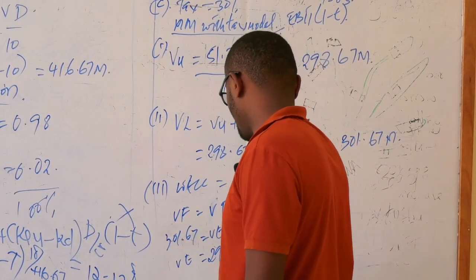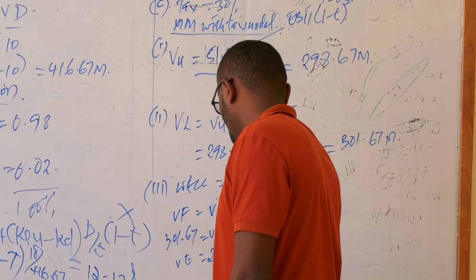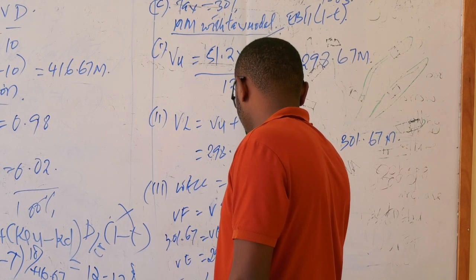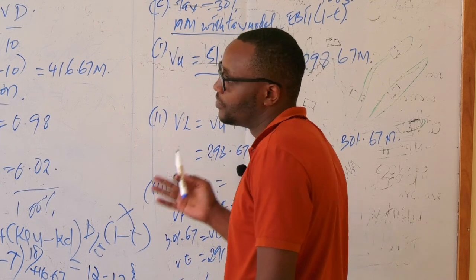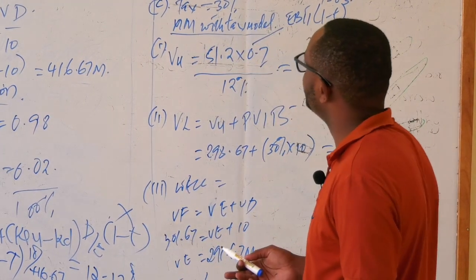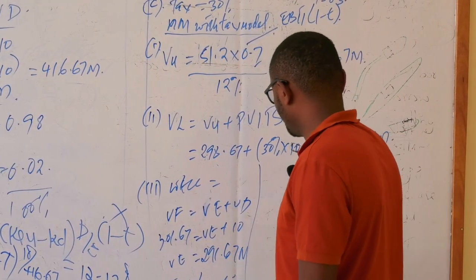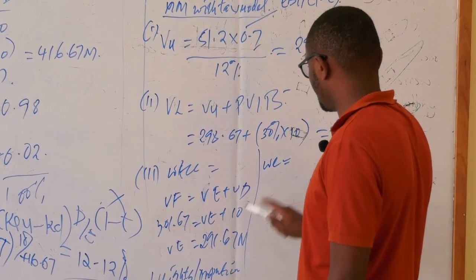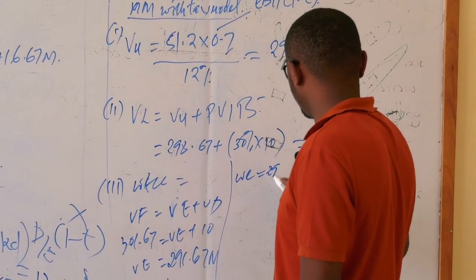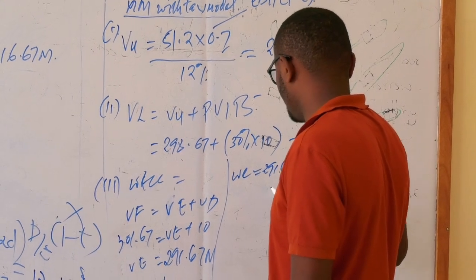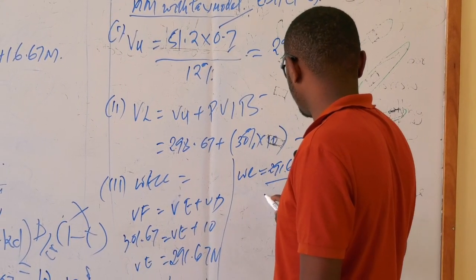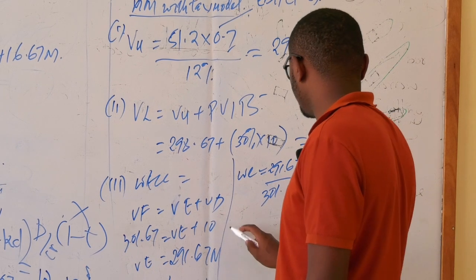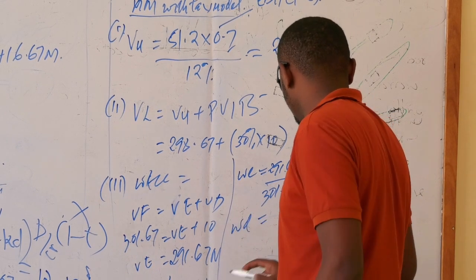We need the proportions, all the weights. We need the weights for the weight of equity and the weight of debt. So the weight of equity is equal to 291.67 divided by the total, 301.67.